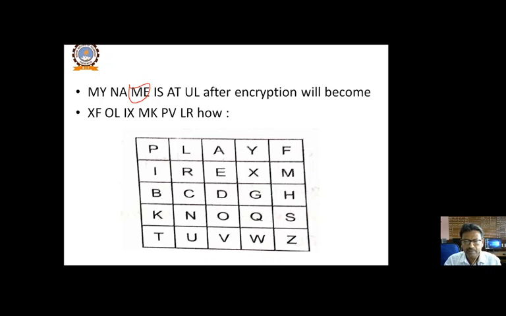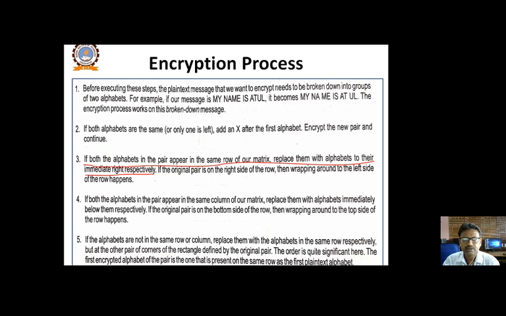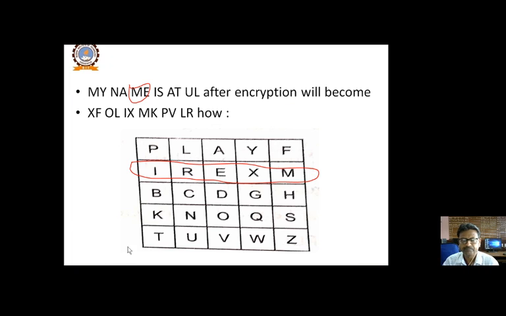Now, ME is in the same row. See, this is the row in which M and E exist. So what does it say? If both the alphabets in the pair appear in the same row of our matrix, replace them with the alphabets immediately to their right respectively. What does it mean? M and E are lying in the same row.